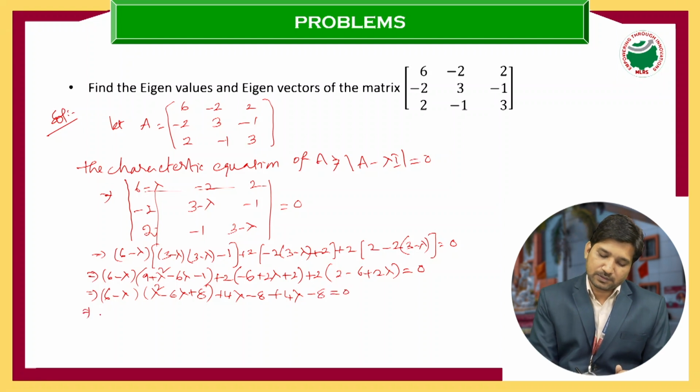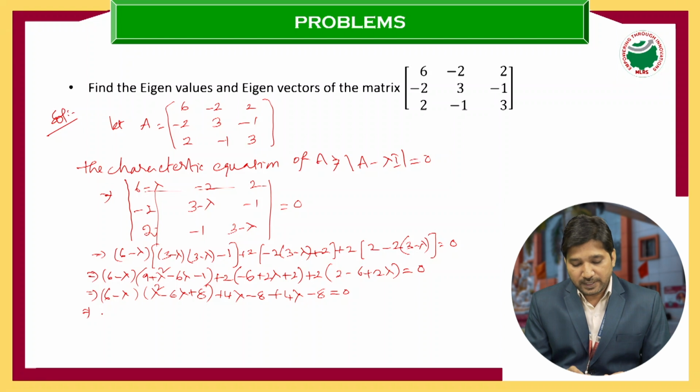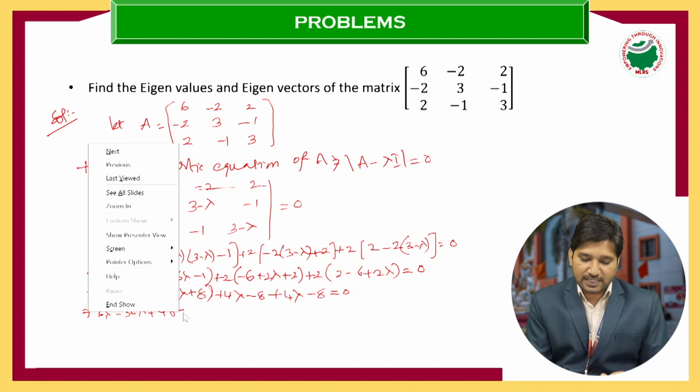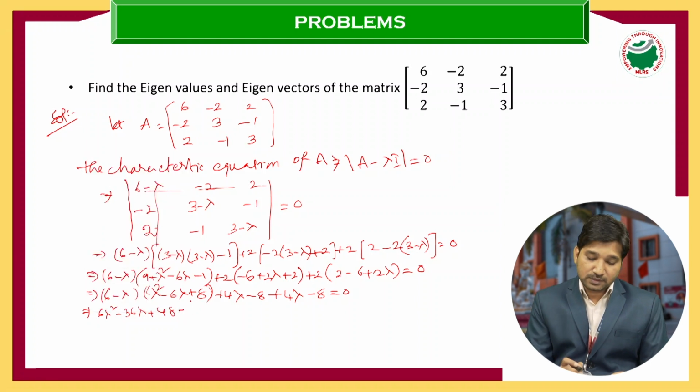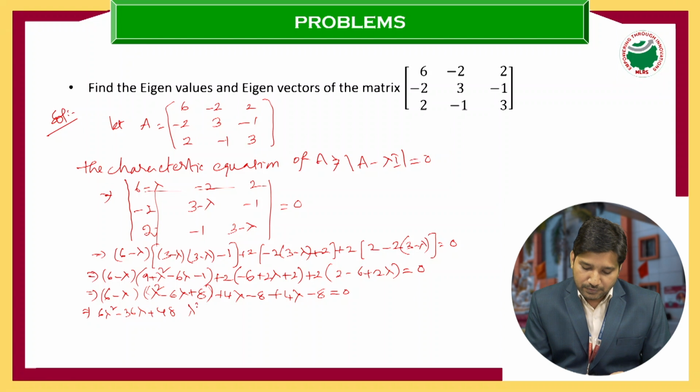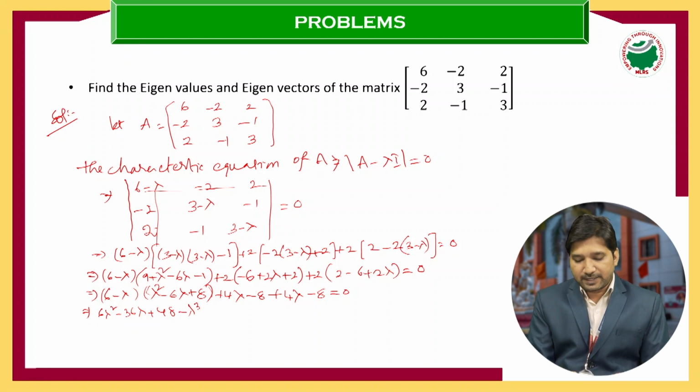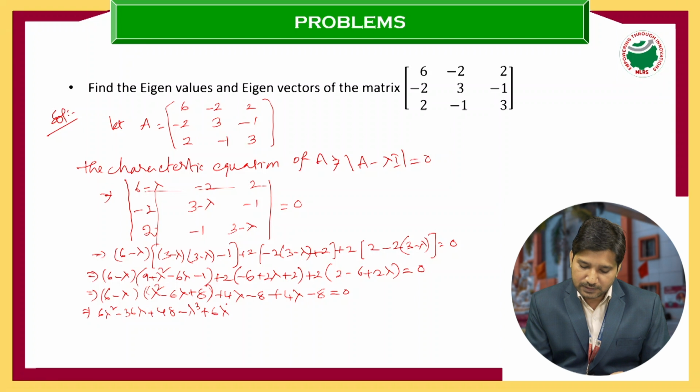Multiplying (6 minus lambda) into (lambda square minus 6 lambda plus 8): first multiplying by 6, 6 lambda square minus 36 lambda plus 48, and multiplying minus lambda into this term, minus lambda cube plus 6 lambda square minus 8 lambda.